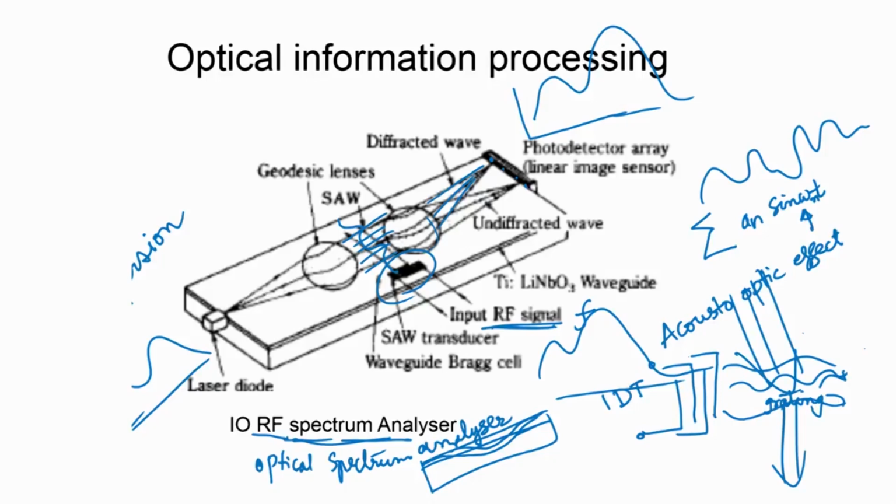So, technology wise we have seen that lithium niobate is a good candidate for the acousto-optic effect, and we have used conventional integrated optical elements like gratings, lenses and so on to achieve this. Once again we can note that the chip is quite thin across the dimension and quite long.